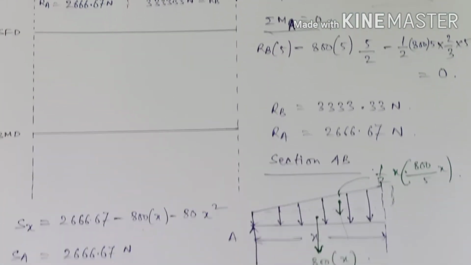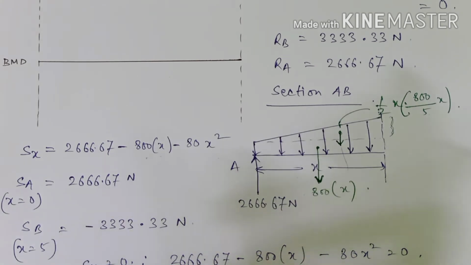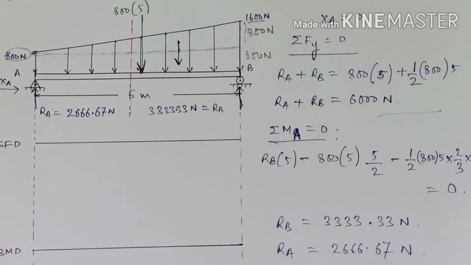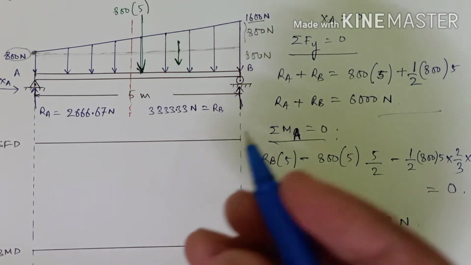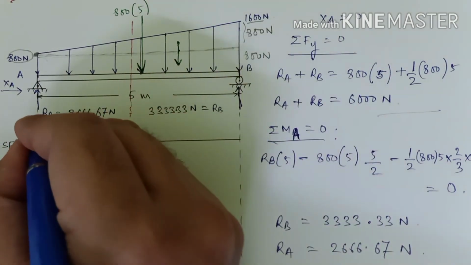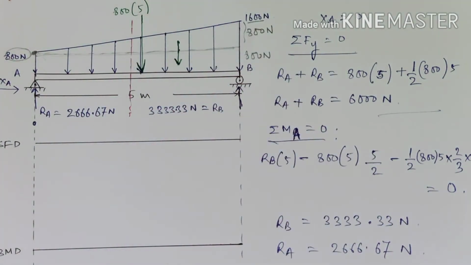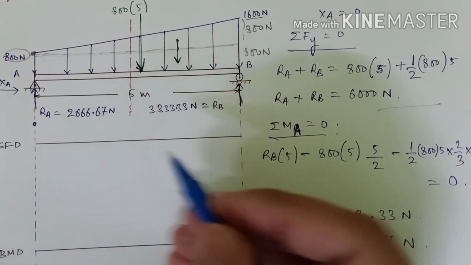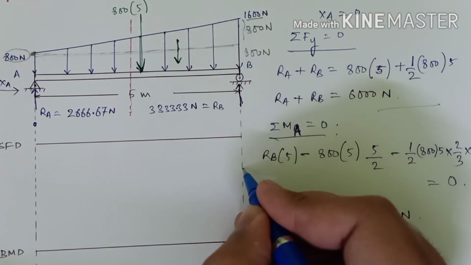So now just point out the values of shear force on the SFD. At point A, when x equals 0, the value of shear force is positive. I've not kept much space here, so let it be here: 266.67. And the shear force at B is negative of 3333.33, so it will be somewhere here.